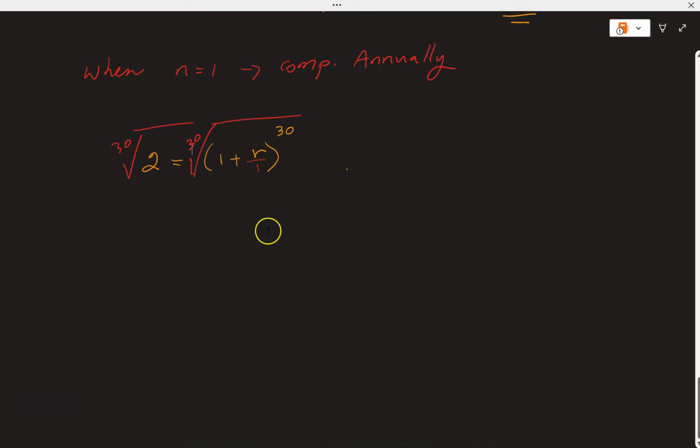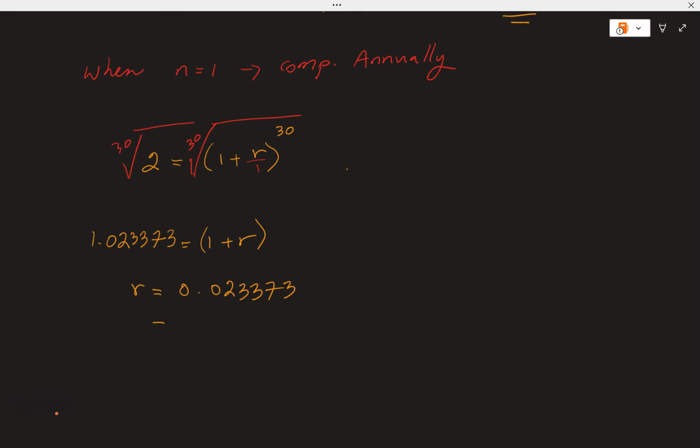So you will get 1.023373 and continuing, but I stopped after 6 decimal places, and then you have to subtract 1 from both sides, so r will end up being 0.023373, and then if you round it up to 4 decimal places, that's what you will get.